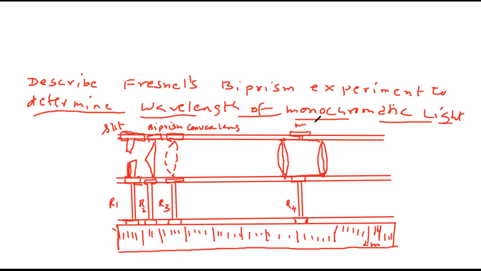This is called micrometer eyepiece. Two cross wires are mounted on the screen fitted on eyepiece. From here we are observing. Is the diagram done with you all?